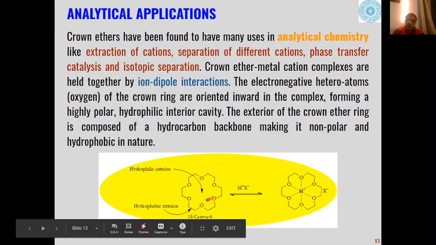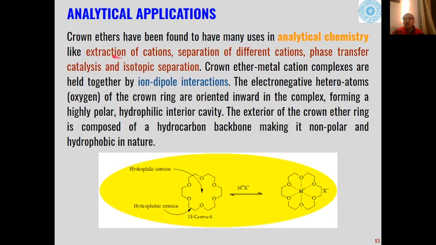Because of the presence of lone pairs of electrons on these oxygen atoms, the interior of this molecule is hydrophilic in nature. So it can accommodate positively charged cations, so they can be extracted very easily.